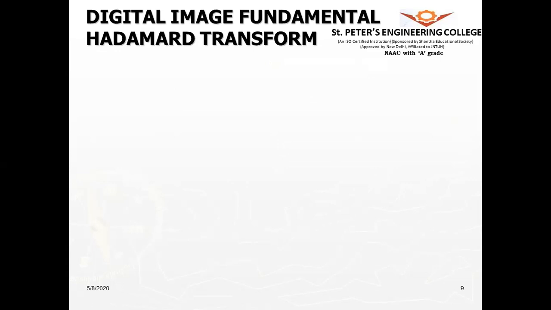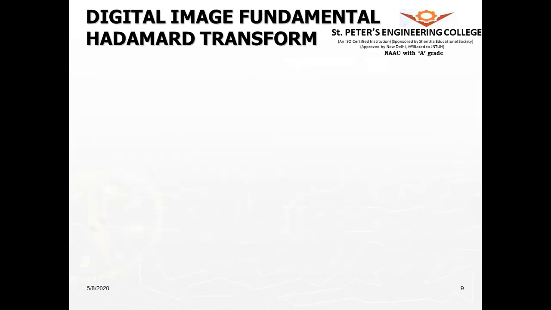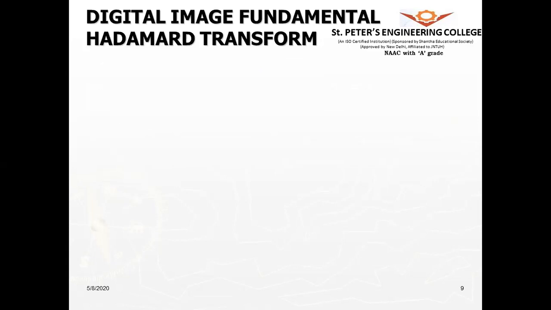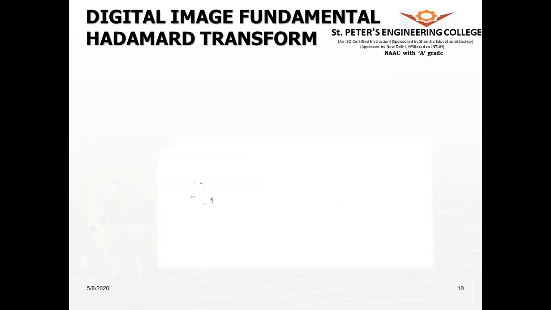It has only -1 and +1, whereas in Fourier, you will get all different coefficients. So in the Hadamard transform, it will be related to only +1 or -1.